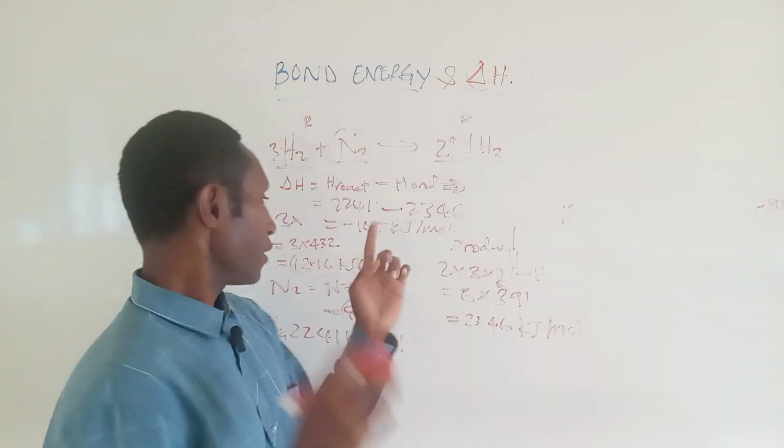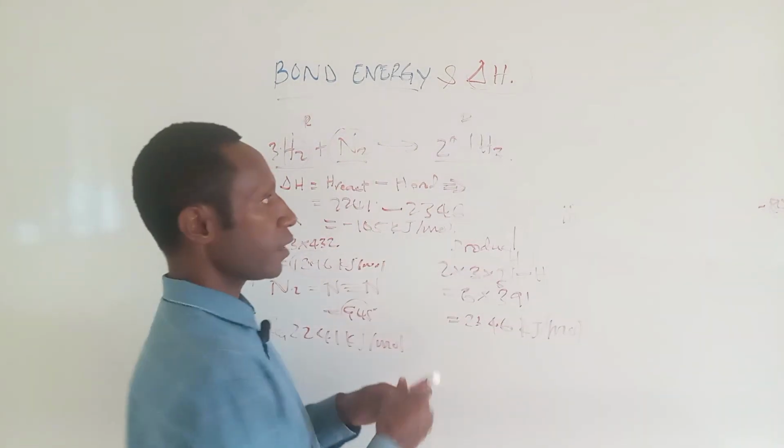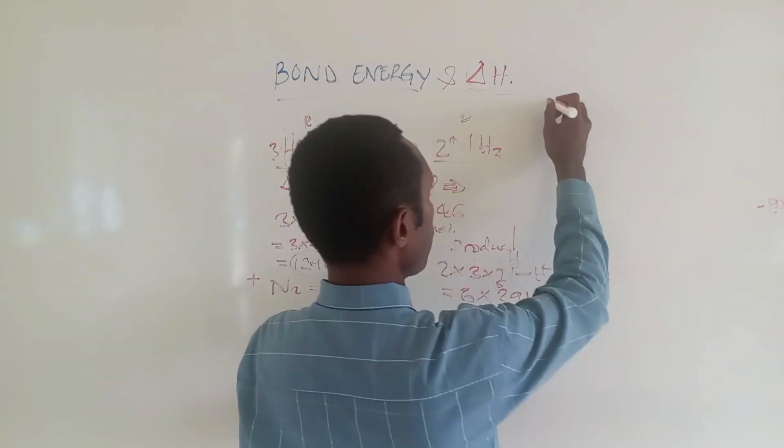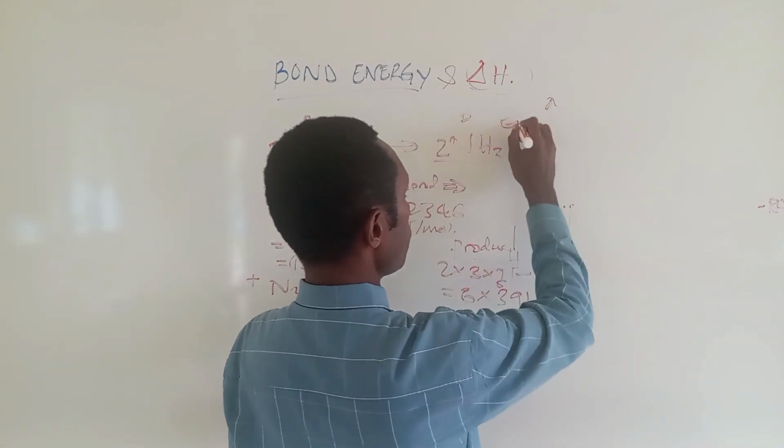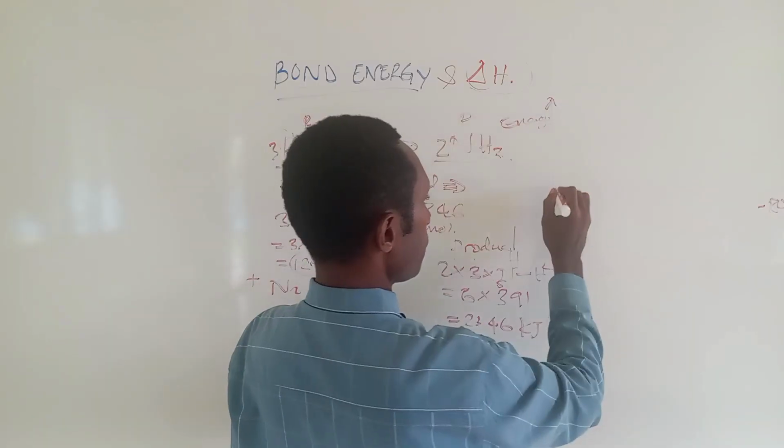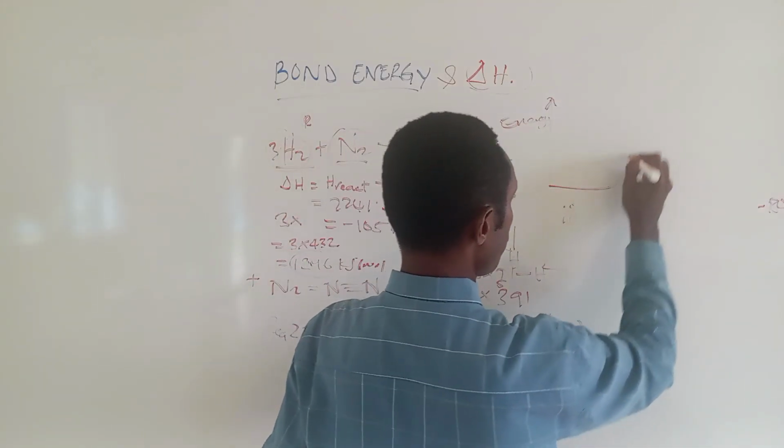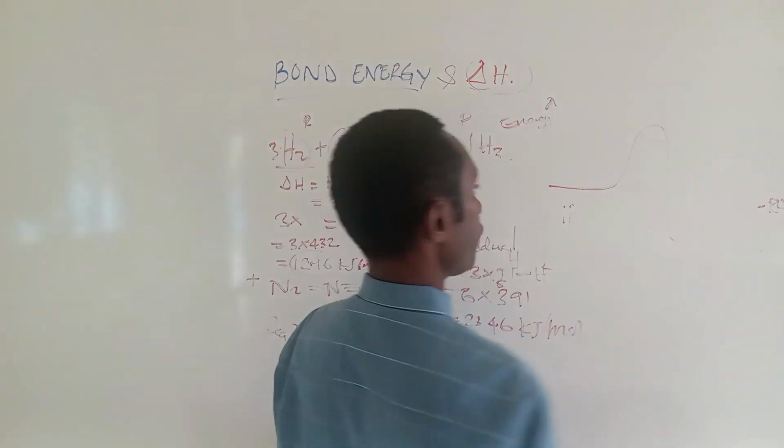To plot the graph, this one tells us it's exothermic. Energy, reactants at the top, products below.